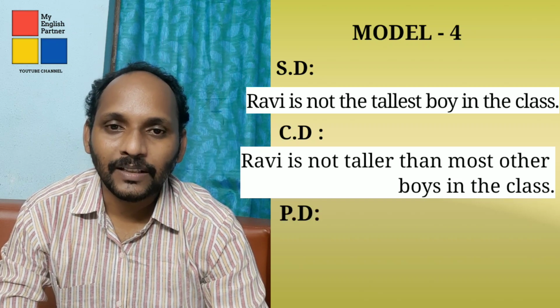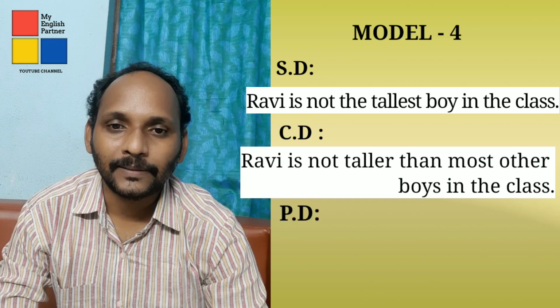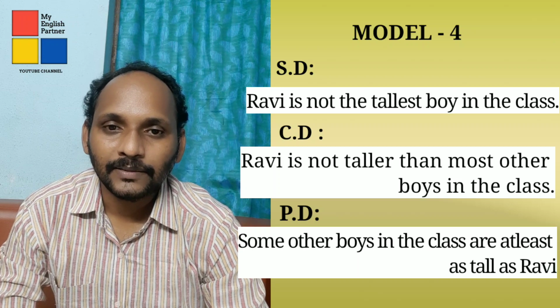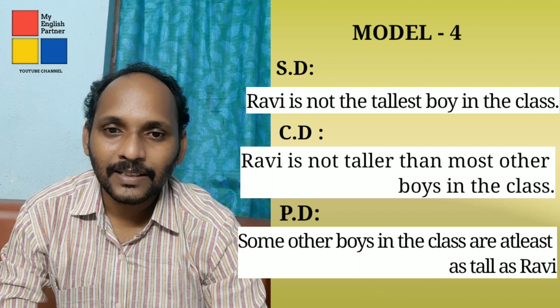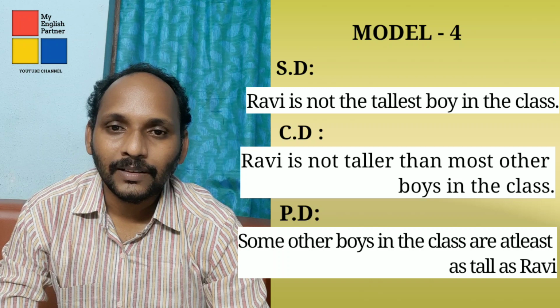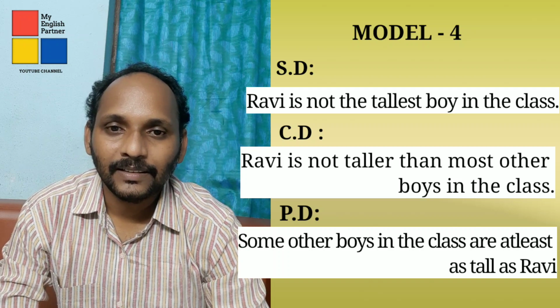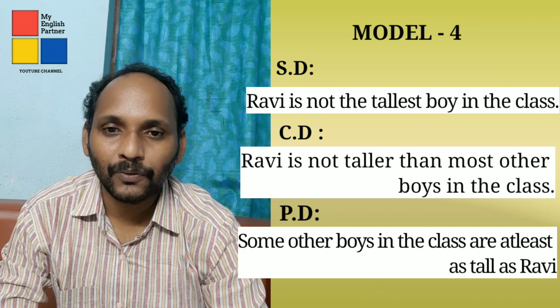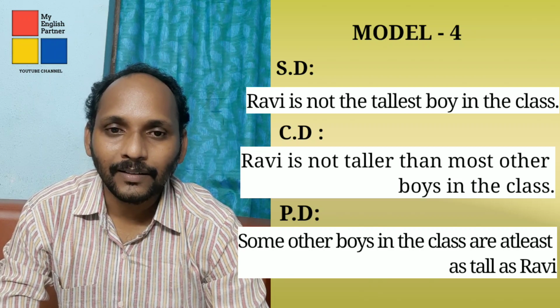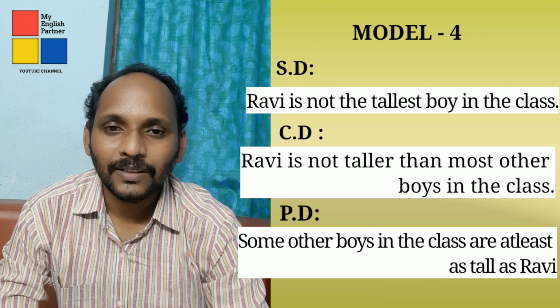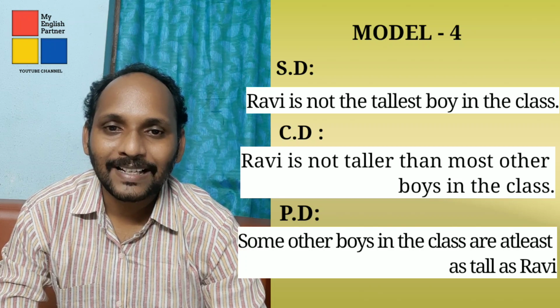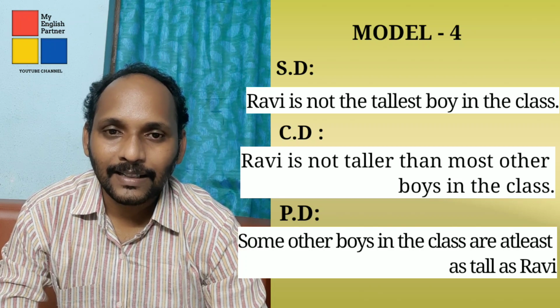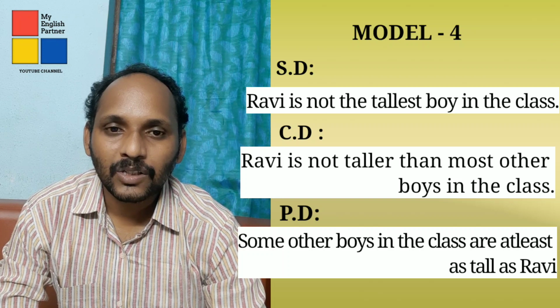The positive degree begins with "some other." The last part of the sentence must be in plural: "boys in the class," "some other boys in the class," then "are," the plural form of the verb. Here we have to use the semi-negative part "at least," "at least as tall as."